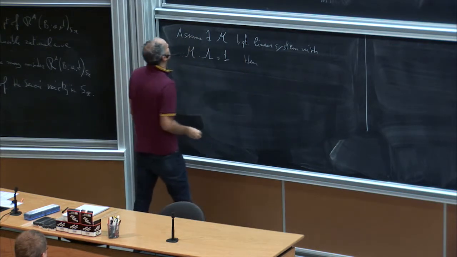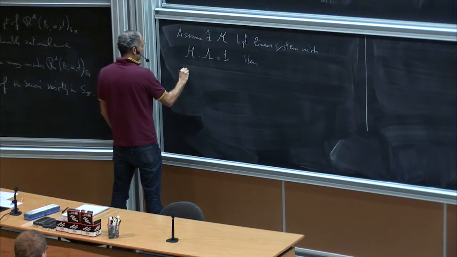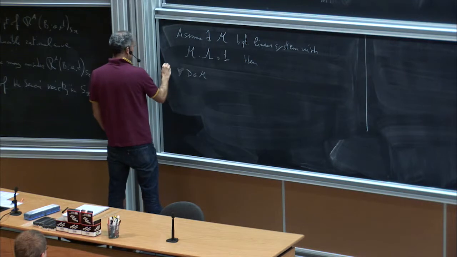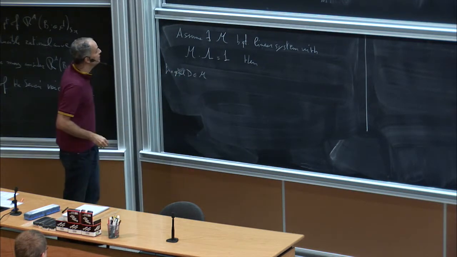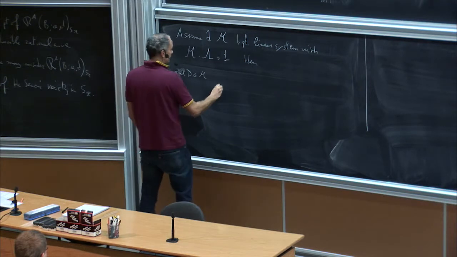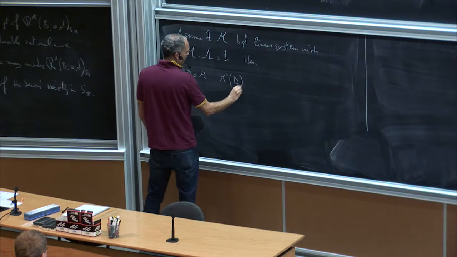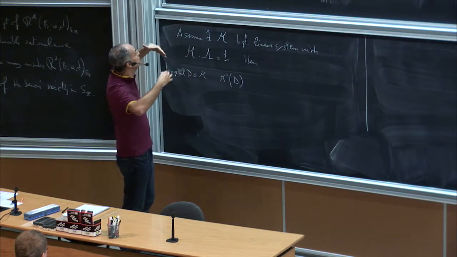Then, well, you see, for a general D in M, if I consider, let me write it in this way, the preimage, or the pullback if you prefer, but I prefer to consider it as the preimage.